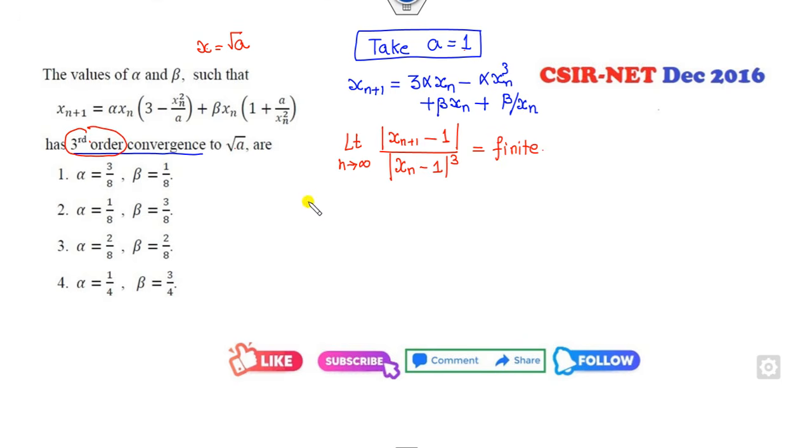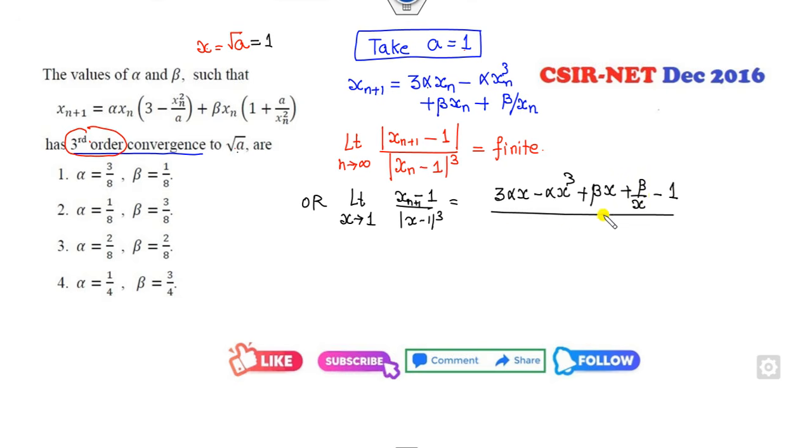Instead of x n approaching, I can simply take x approaching the limit 1. This is my x n plus 1. Now you can see whether the limit is finite or not. I can substitute this value: 3 alpha x minus alpha x cube plus beta times x plus beta over x, minus 1, divided by x minus 1 cube.